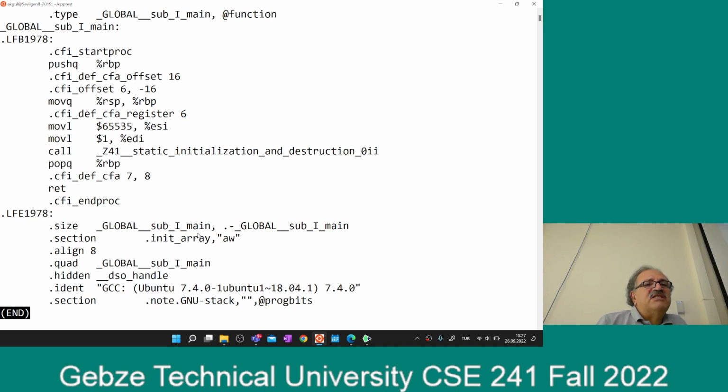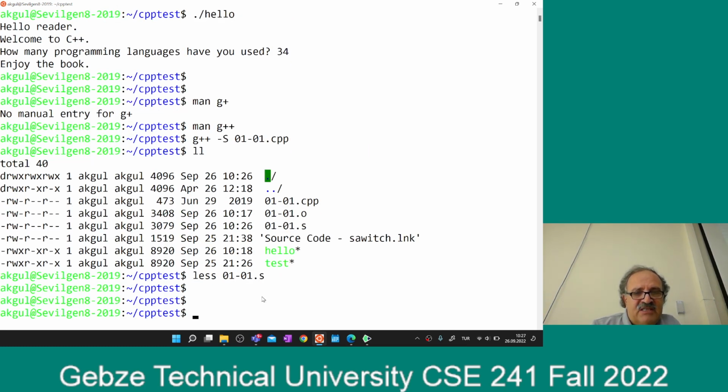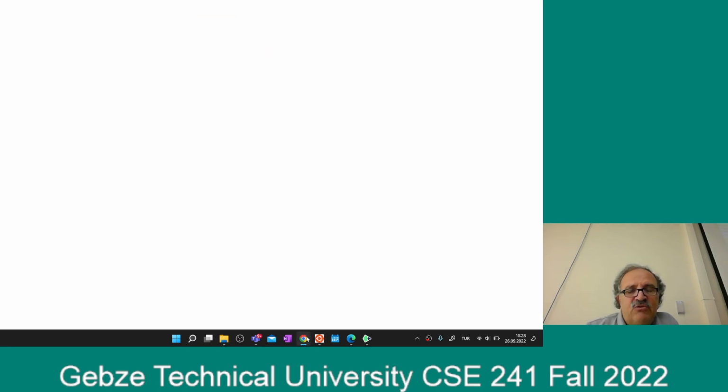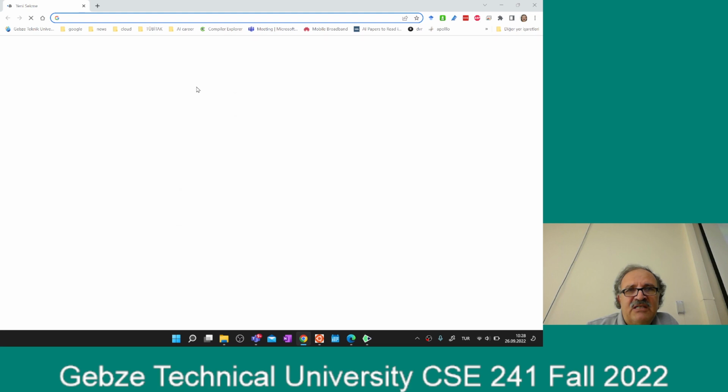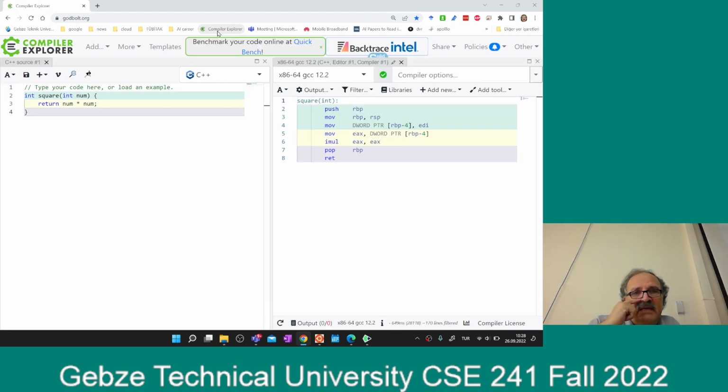Intel architecture 64 assembly instructions are a little bit more complicated. There are simpler instructions. There are simpler processors that you can understand even better. For that, I use this nice website called Compiler Explorer. With this Compiler Explorer, I can choose my compiler and the target processor.